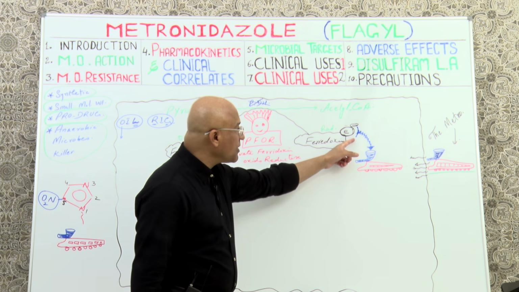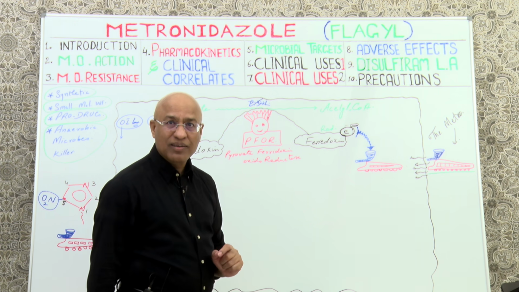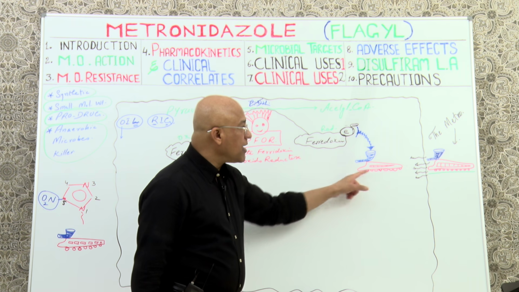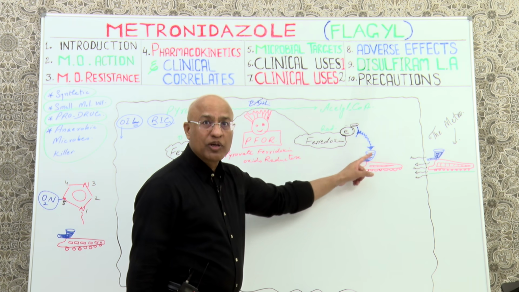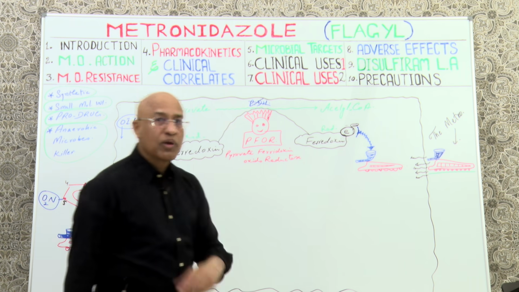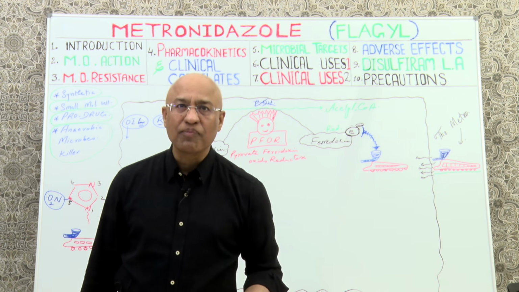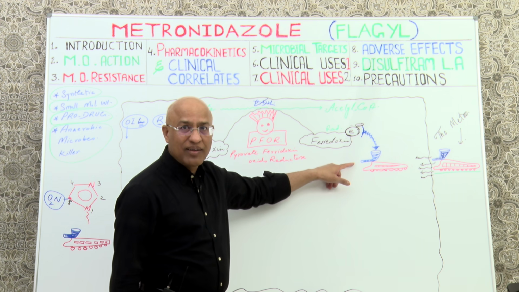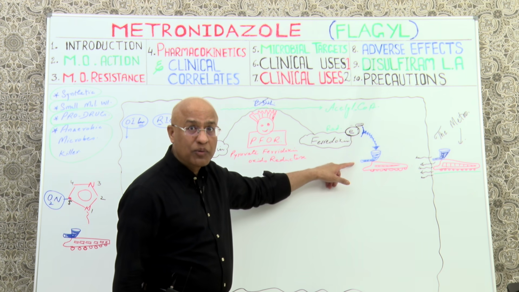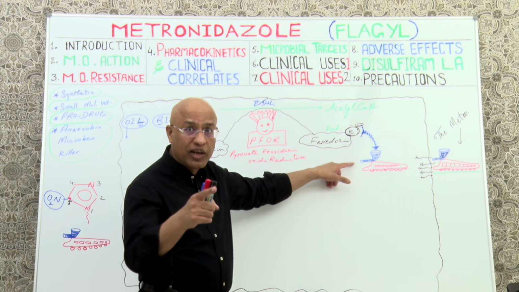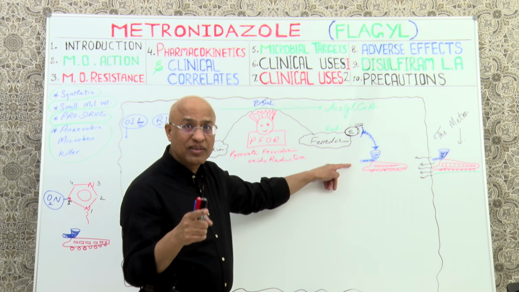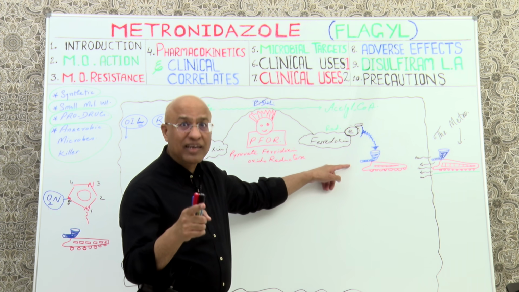So the electron will be transferred to the nitro group, right? Metronidazole, by receiving the electron, will convert into its reduced form. And in reduced form, when it is loaded with electrons, this nitro group will convert into an electron gun, which is fully loaded, and now it will fire highly reactive intermediates and kill the cell.